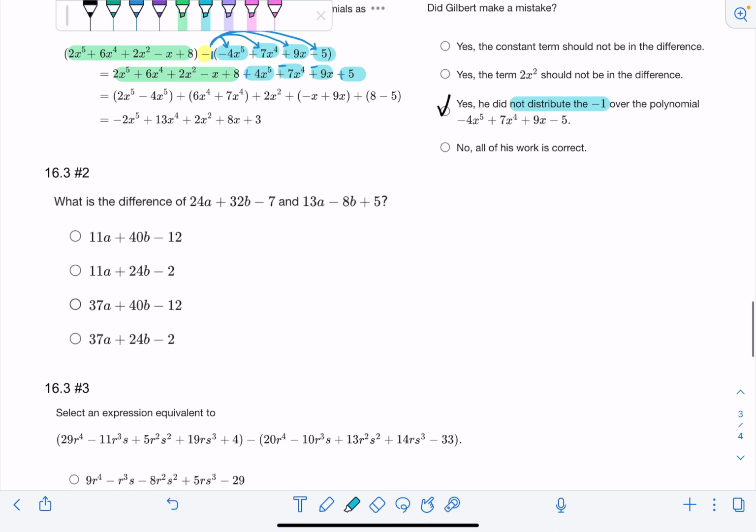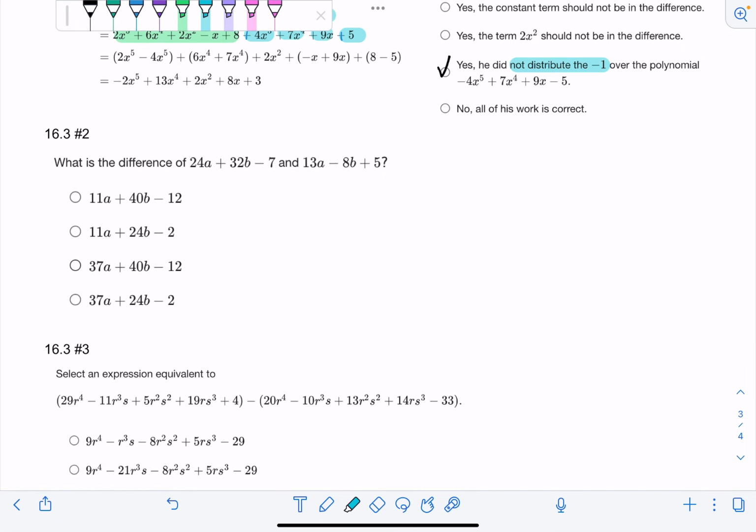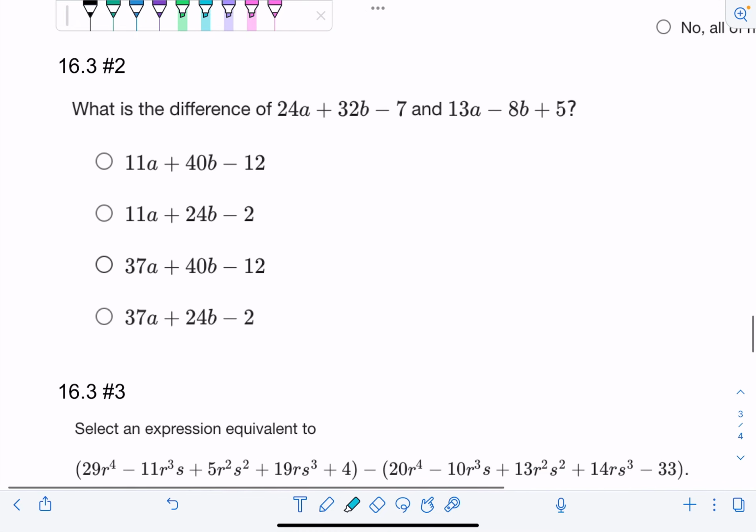Okay, 16.3, number 2. What is the difference between 24a plus 32b minus 7 and 13a minus 8b plus 5? Difference means subtraction, means minus. So we'll set this up as a subtraction problem.